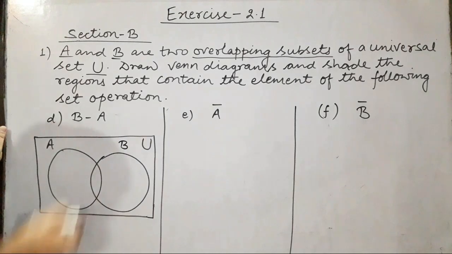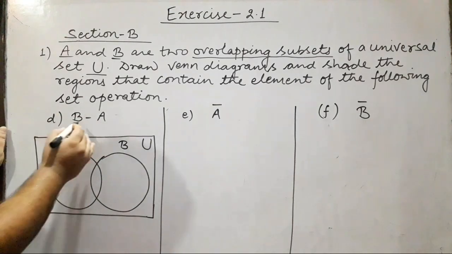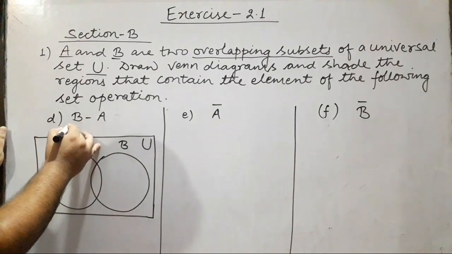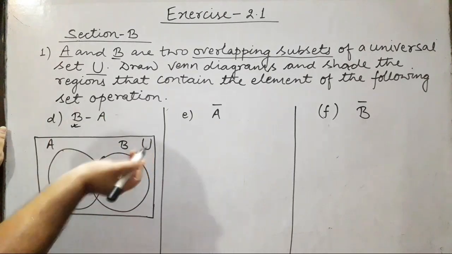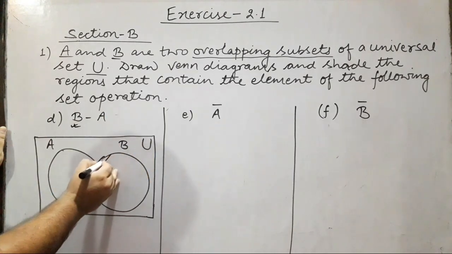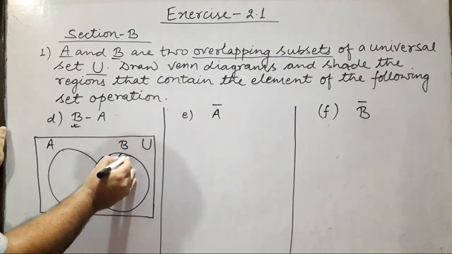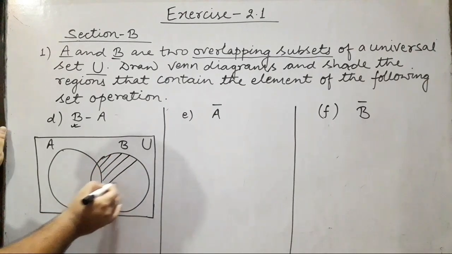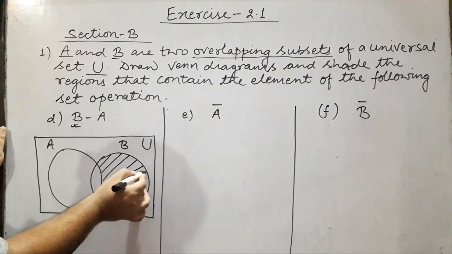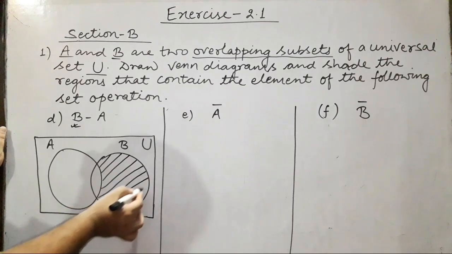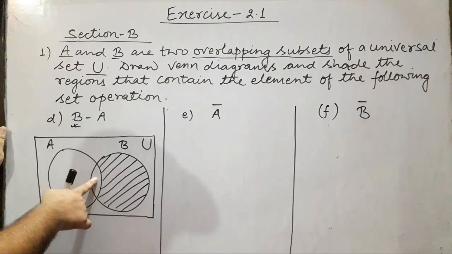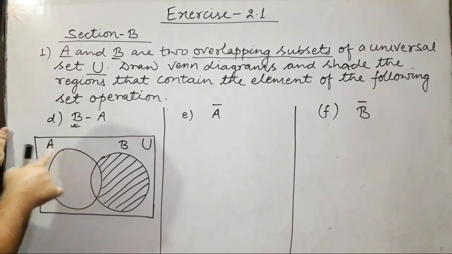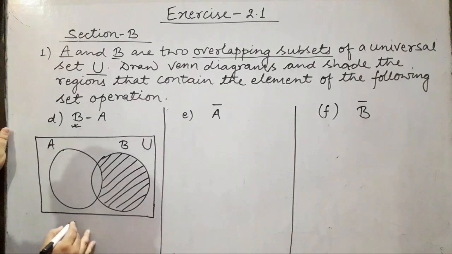Now I have to show B minus A. That means the elements which are contained only in B. This part belongs to only B. This is the part which lies only in B. You should not touch this part, since this part belongs to A as well. So this is B minus A.